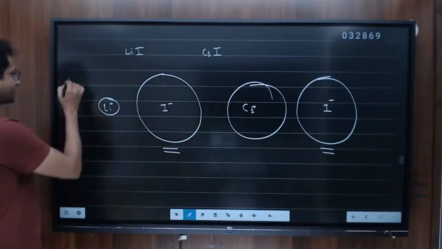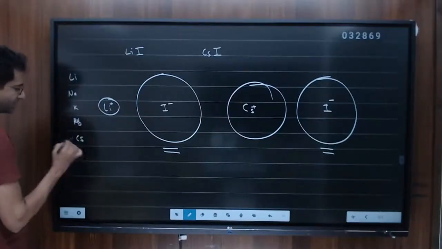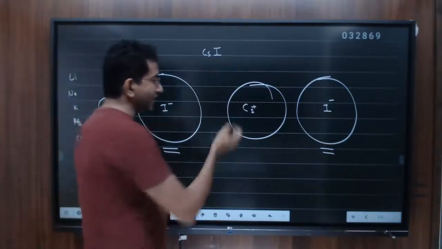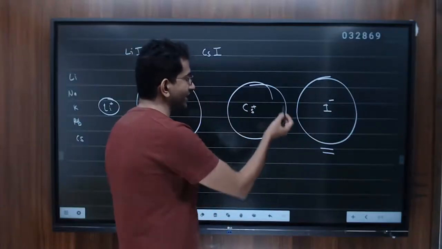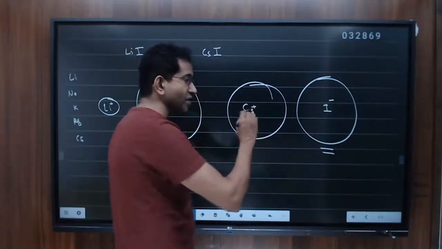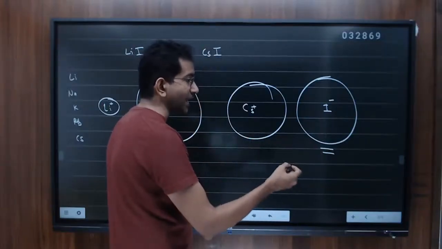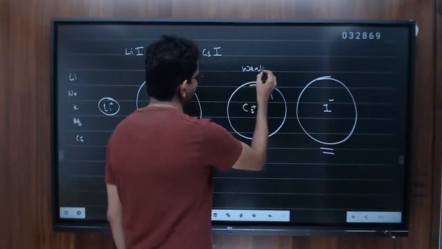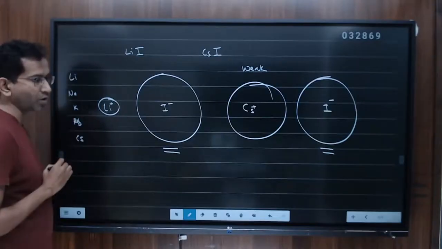But you can see this is lithium, then sodium, then potassium, then rubidium, and then cesium. So cesium itself is very large in size. Its own nucleus will not be that sufficiently attracting its own electrons, so the spread of positive charge of the nucleus even after its boundary will be weak in this case. But you see this Li+ is very small in size.